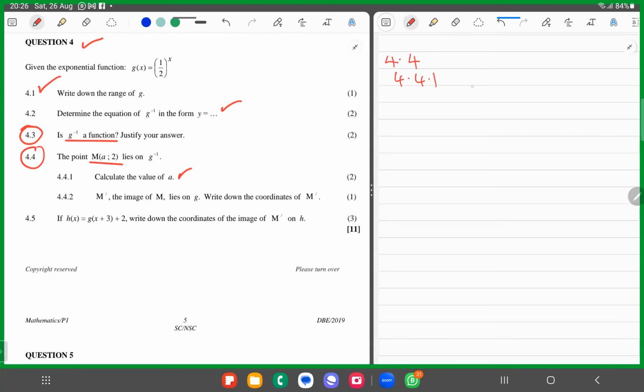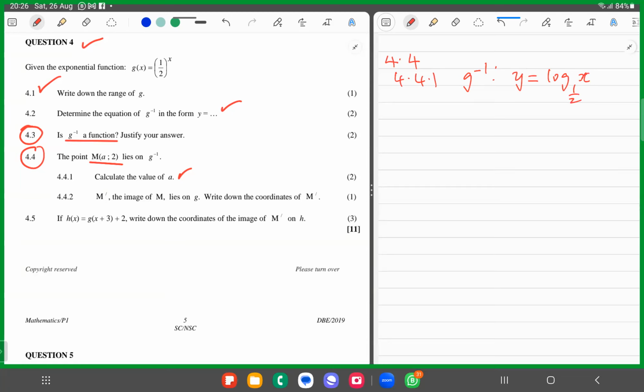We remember that the inverse is given by what? We remember that G inverse is given by y equals the log of x, base 1/2. This we remember very well. Okay. From the previous question.